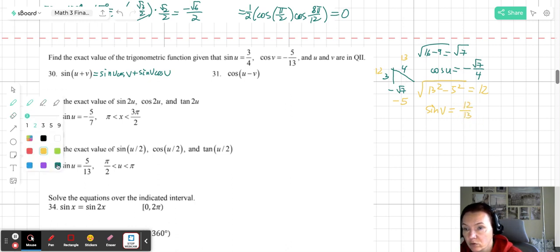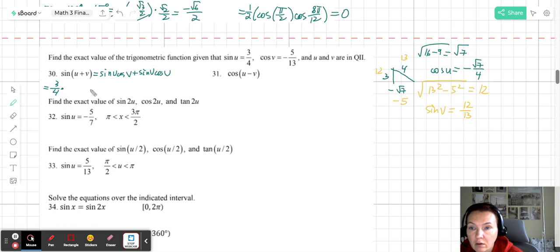Okay, now all we have to do is just plug in the numbers. Sine u is 3 over 4. Cosine v is negative 5 over 13. Sine v is 12 over 13.